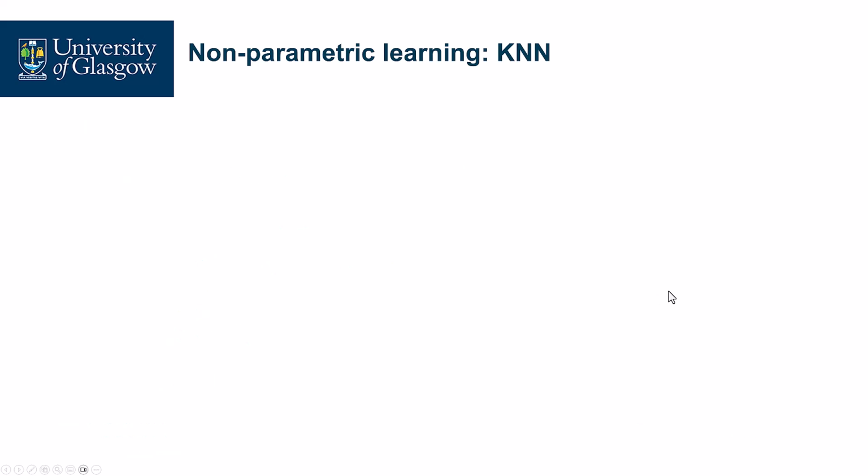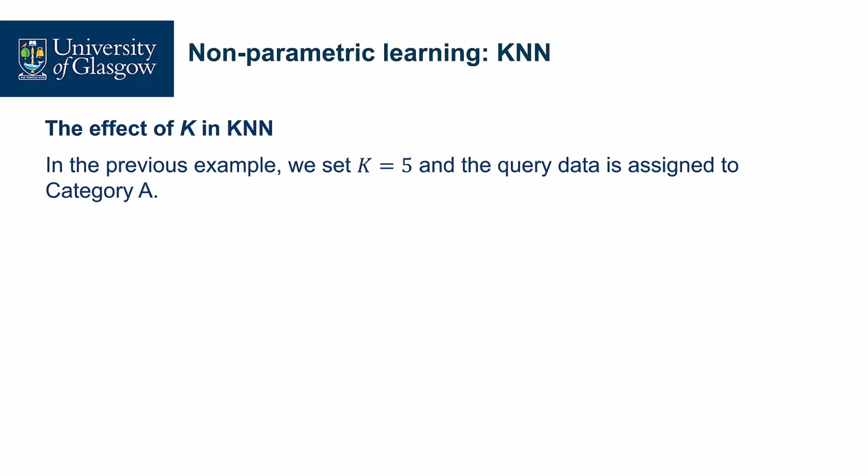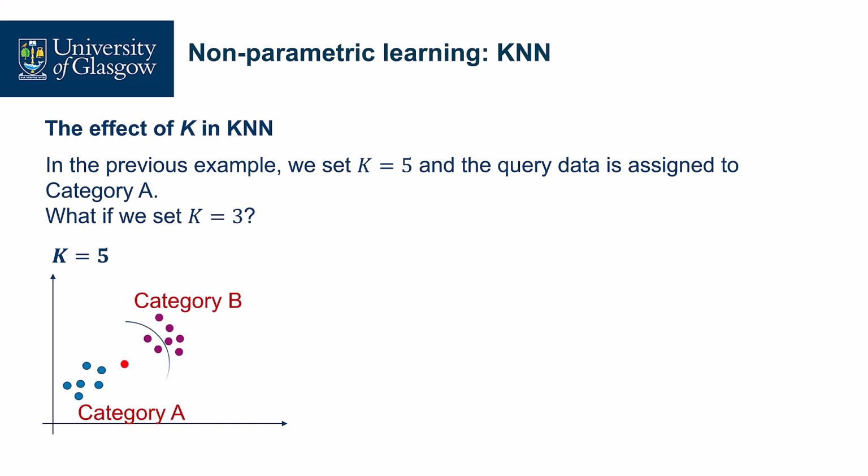Okay, remember just now we set k equals to 5, which I randomly set. What if I use a different k? Let's try k equals to 3. With k equals to 5, we saw the 5 nearest points make the decision.